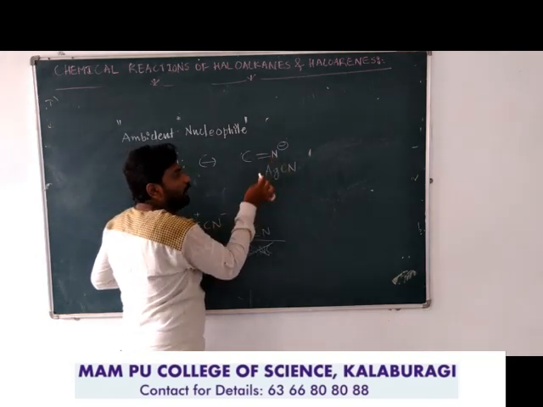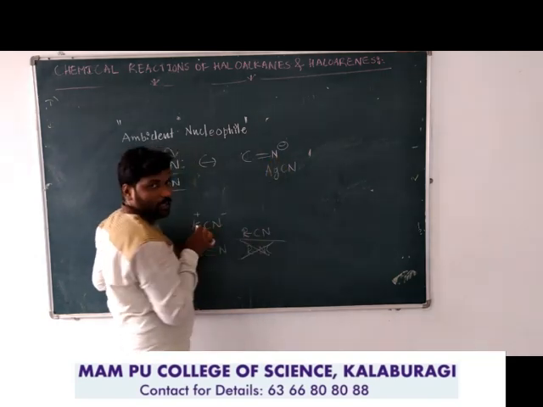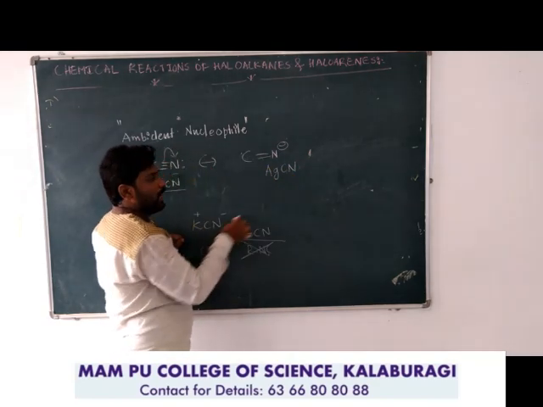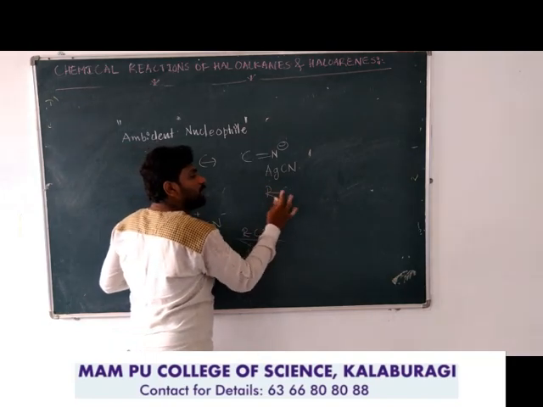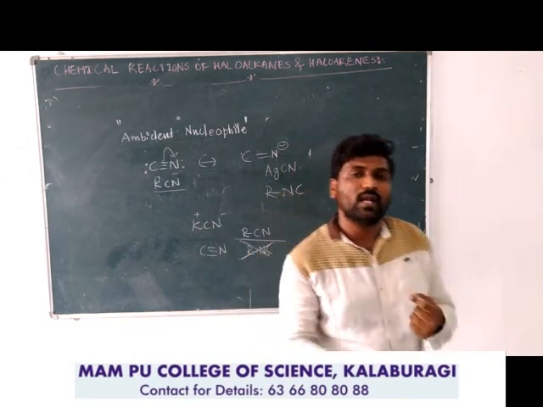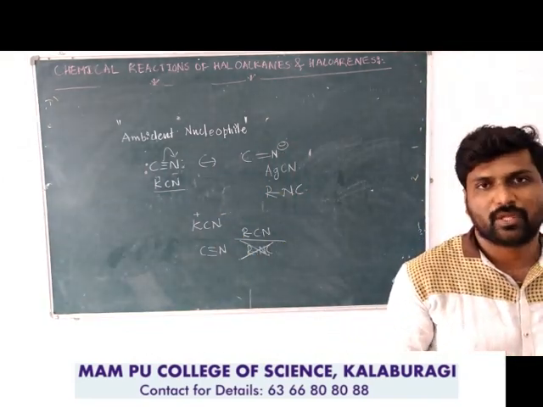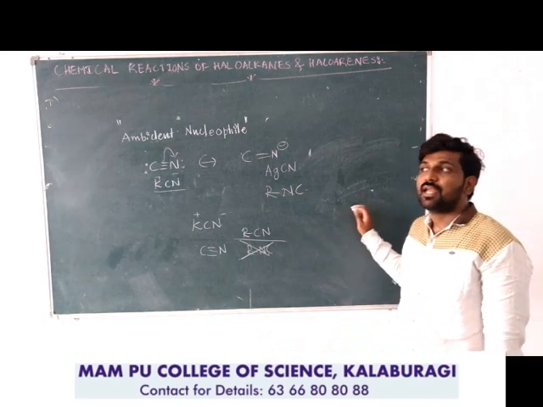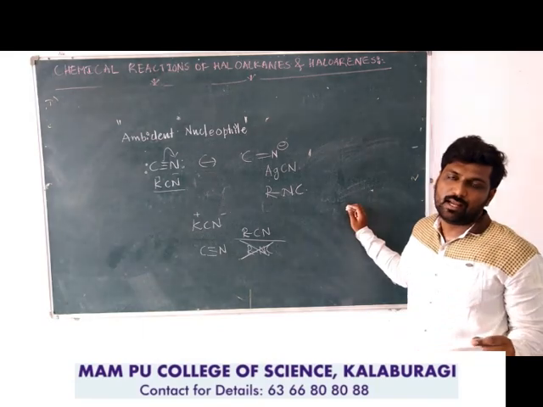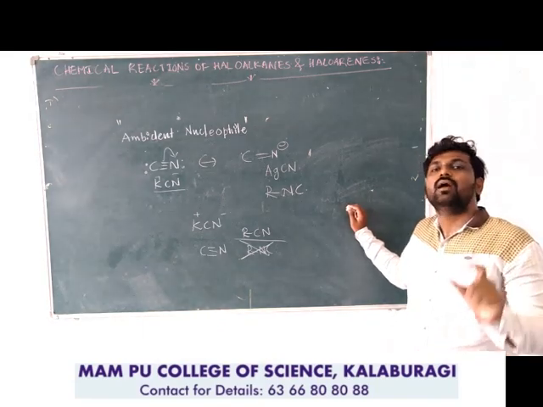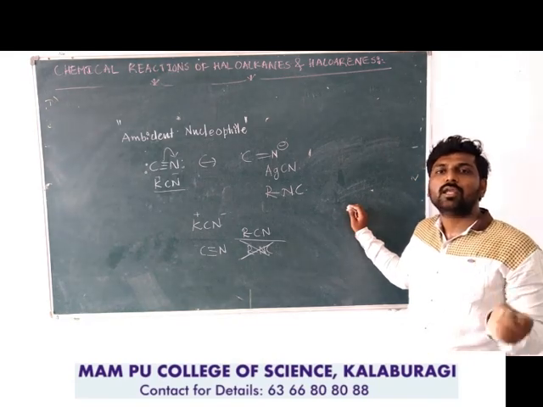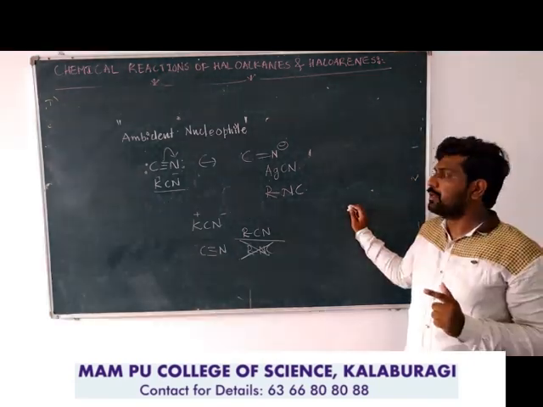If the cyanide is with silver, it chooses to attack from the nitrogen rather than the carbon, and the product we get is alkyl isonitrile, alkane isonitrile or alkyl isocyanide. So remember, potassium cyanide with the haloalkane gives alkyl cyanide or alkane nitrile. Silver cyanide with the haloalkane gives alkyl isocyanide or alkane isonitrile. So this is very important.